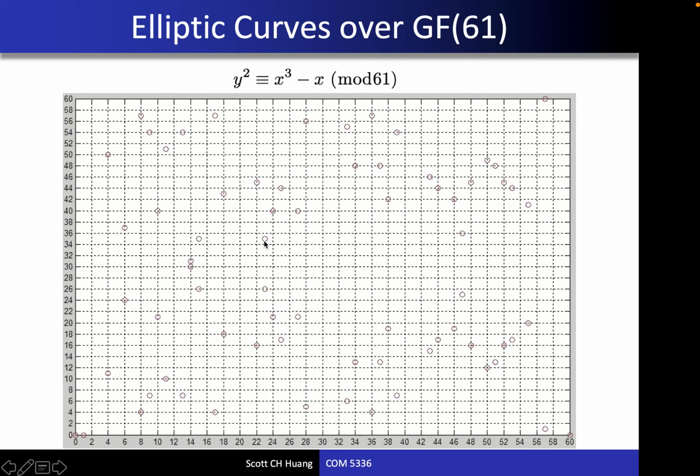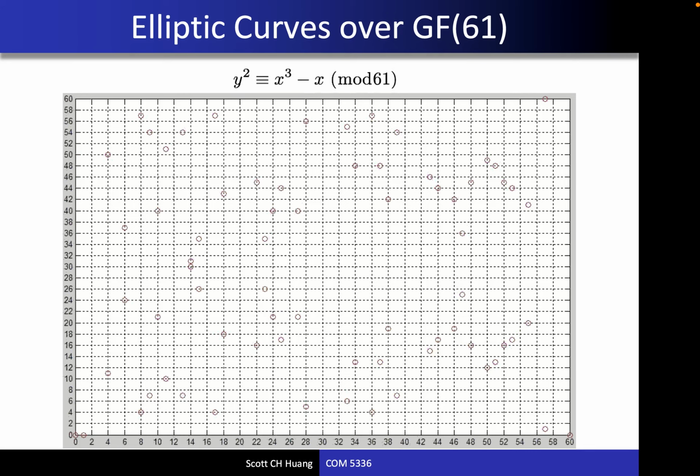We have a positive y, then we have a negative y. Even though positive and negative in GF(61) really don't exist, they are just two individual points. It's difficult to represent that. You have to sacrifice the idea of the sign of a number. There's no positive number, there's no negative number.